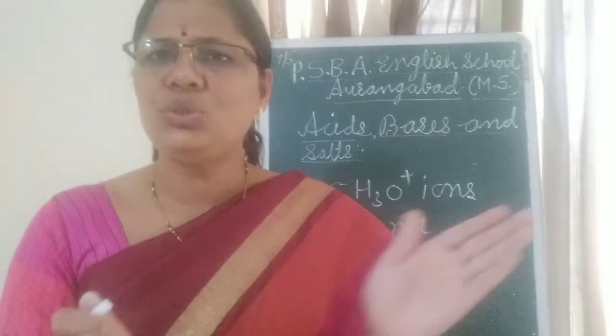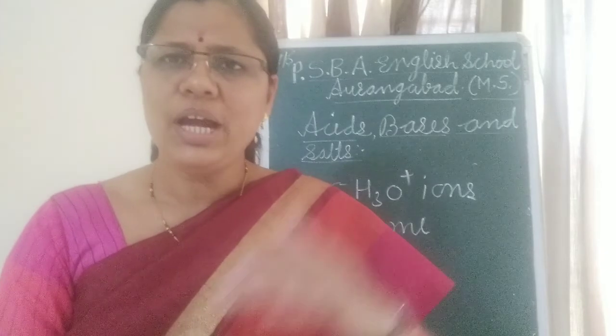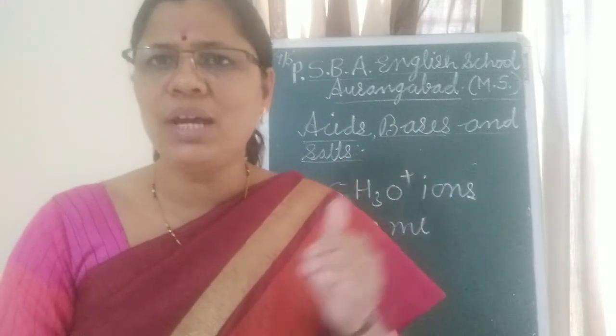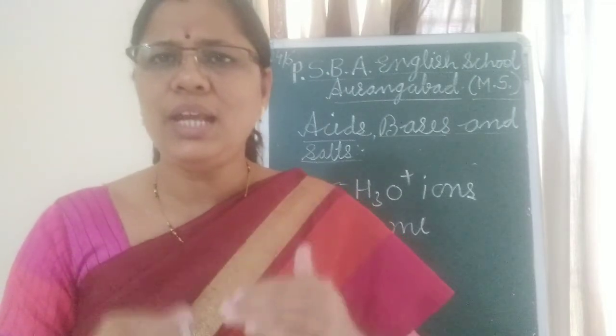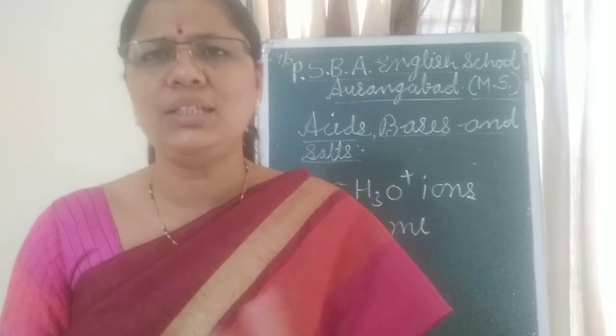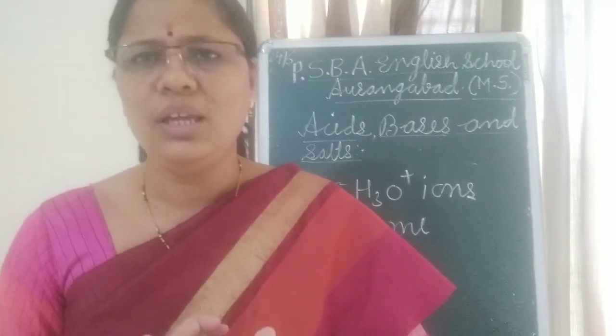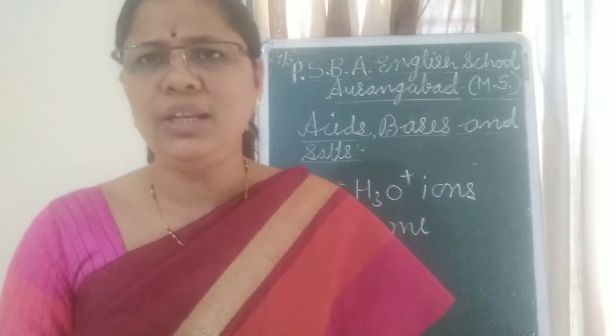So they will get dissociated into 5 H positive cations and 5 Cl negative ions, and this 5 H plus will combine with 5 only. Though if we consider 10 ml of water, we will just consider that 10 water molecules are there, but this 5 H plus will combine with 5 H2O only.